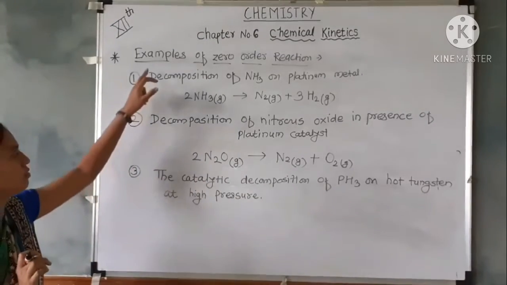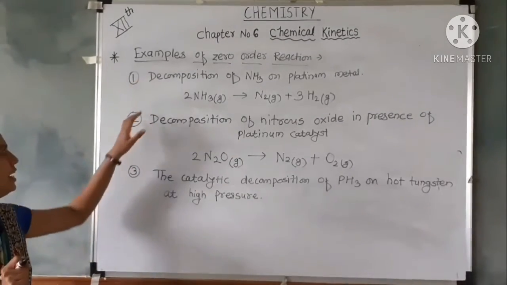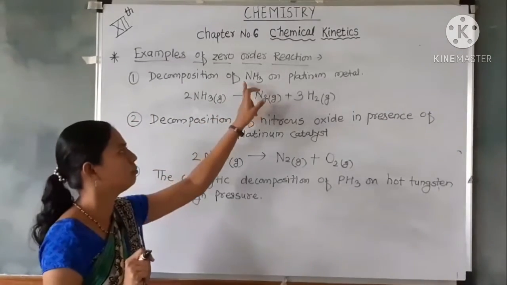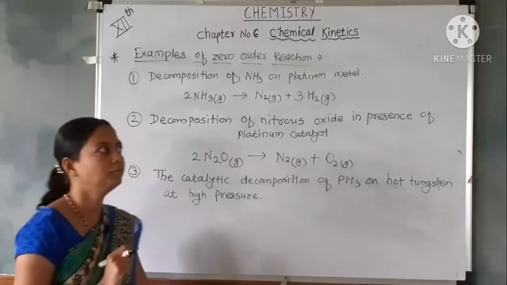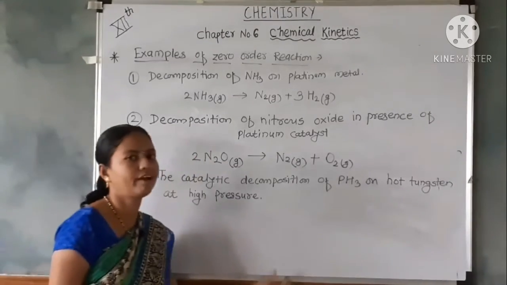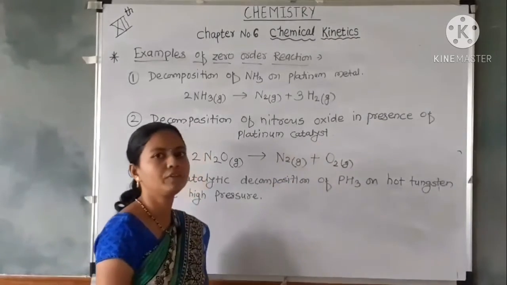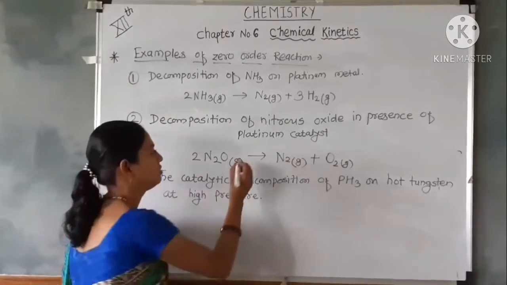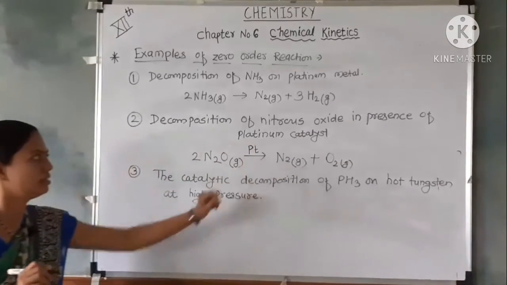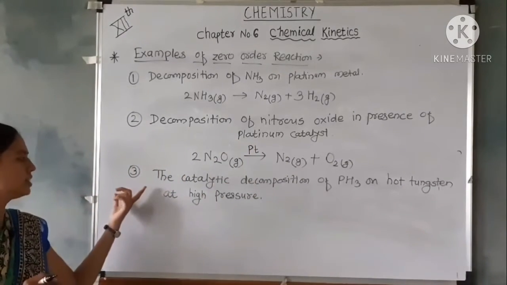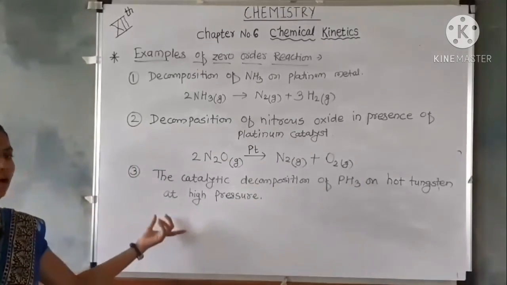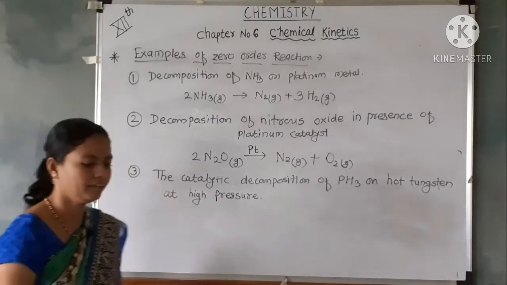This is the third example for zero order reaction. First example is decomposition of ammonia gas on the platinum metal surface, and second is decomposition of nitrous oxide in presence of platinum catalyst, and third example is the catalytic decomposition of PH3 on hot tungsten at high pressure.